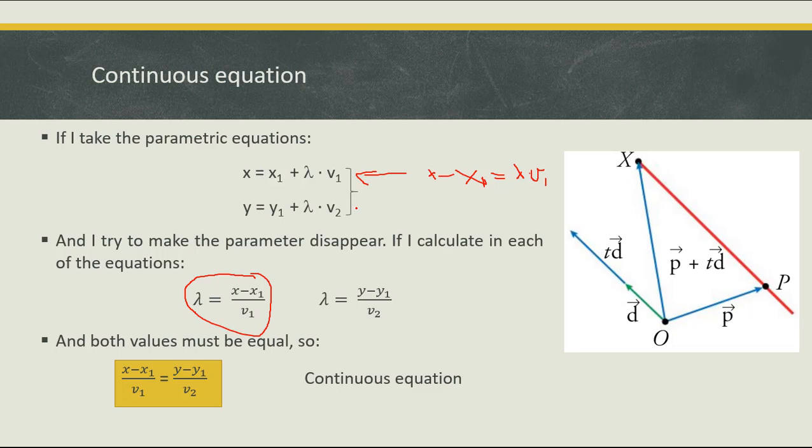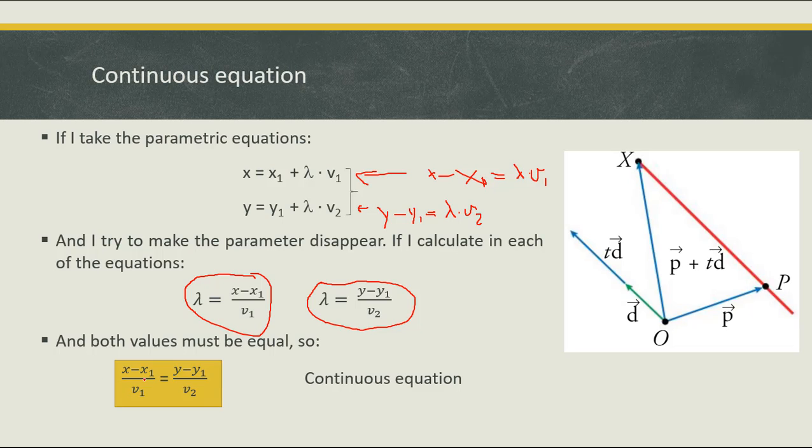If I do the same with the second equation, I send y1 to the other side subtracting, and I have y minus y1 equal lambda multiplied by v2. So sending this v2 to the other side dividing, I have lambda equal y minus y1 divided by v2. So finally, as I have two values for the parameter lambda, and these two values must be equal because in fact they are the same parameter, I can equalize both expressions and I arrive to this equation that is called continuous equation.